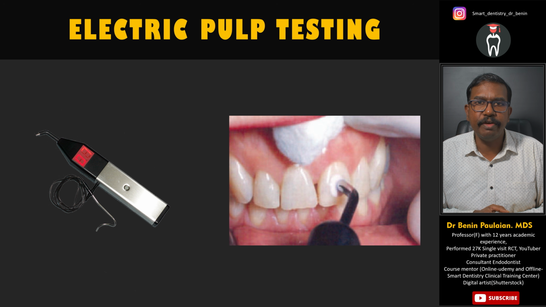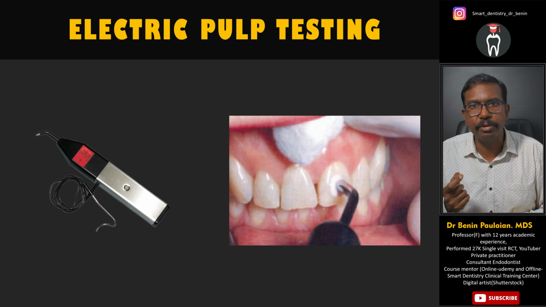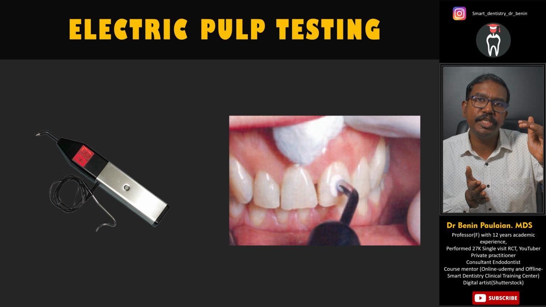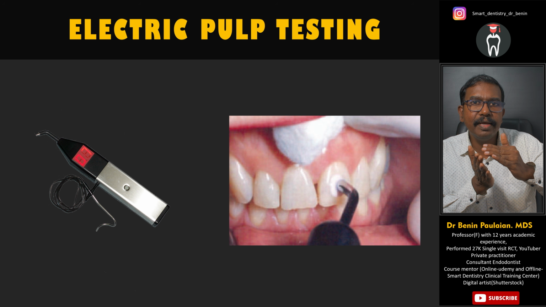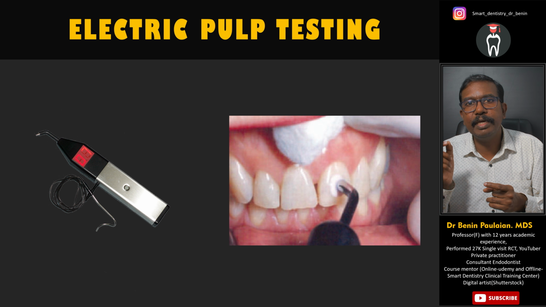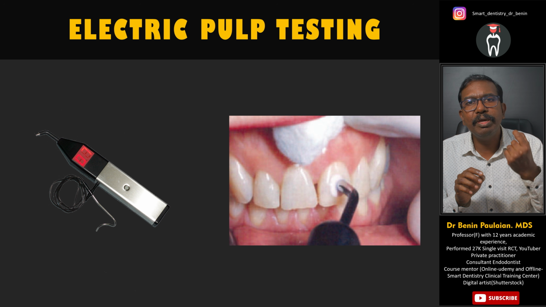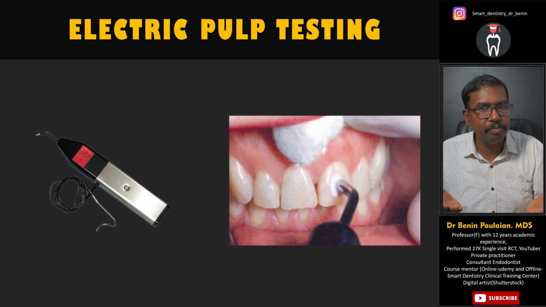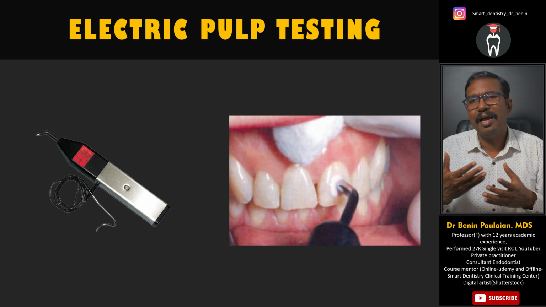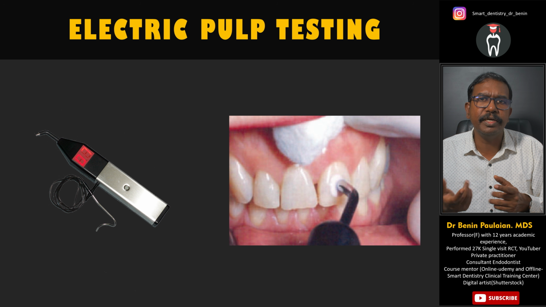As for the location we have to choose for electric pulse testing, or for heat testing or cold testing, for anterior teeth we can keep it at the junction of the middle and the incisal third, and for molars, we can keep it over the occlusal and middle third junction, maybe close to the mesiobuccal cusp of a molar. That area can be considered the most reliable while we are doing this test.